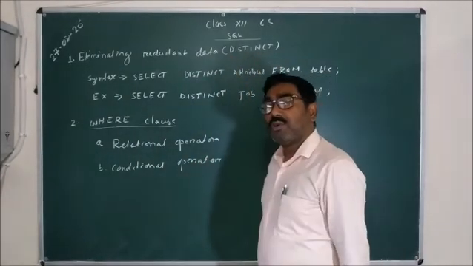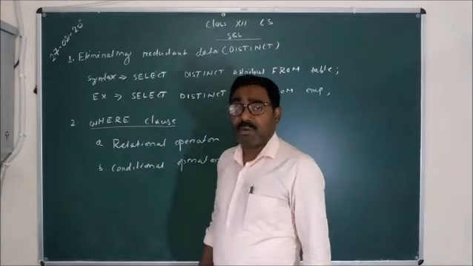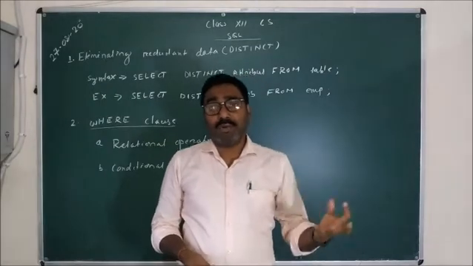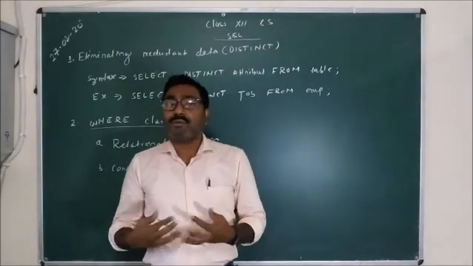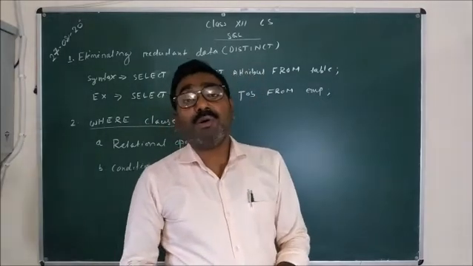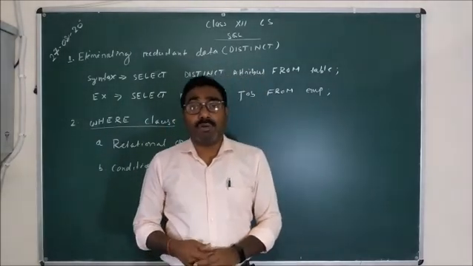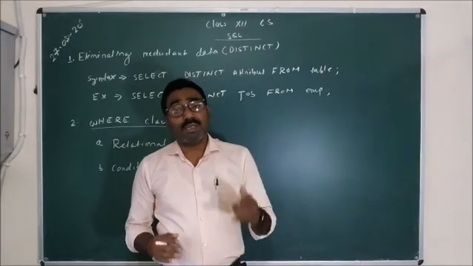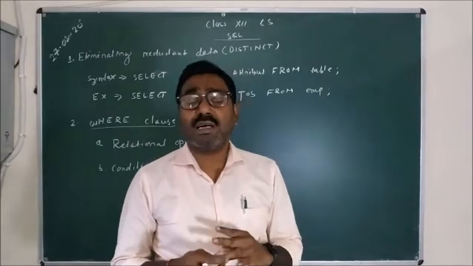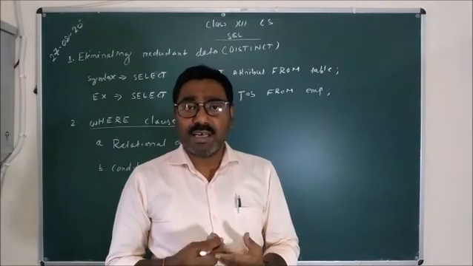For example, suppose in the EMP table, all of you must know about the EMP table, you have worked with it. In the EMP table, one attribute is job, in which we have different kinds of jobs like manager, president, clerk, analyst, and salesman.